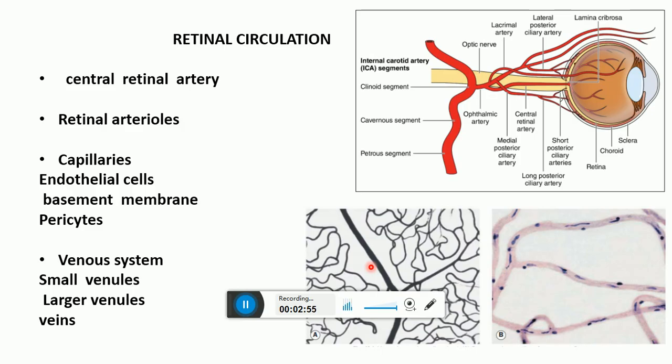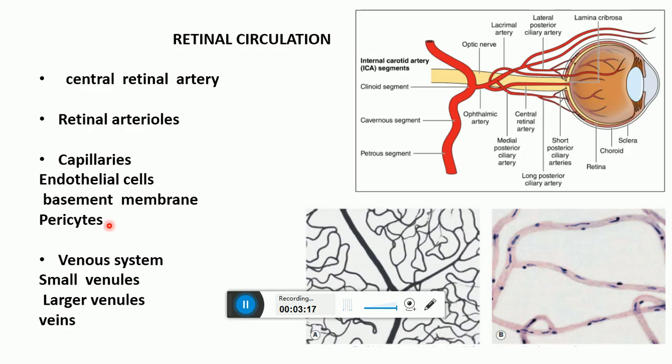Retinal capillaries are devoid of smooth muscle and elastic tissue. The retinal capillary walls consist of endothelial cells, basement membrane, and pericytes.